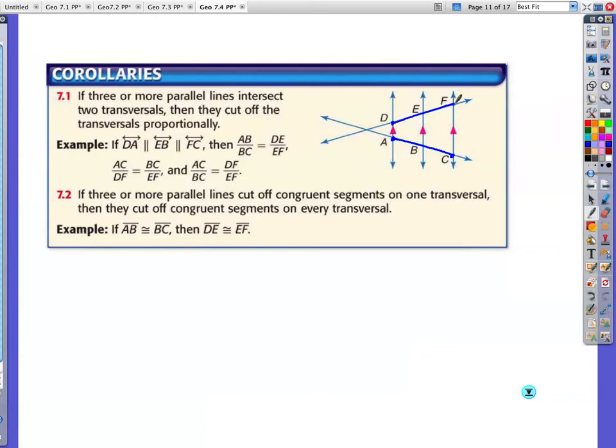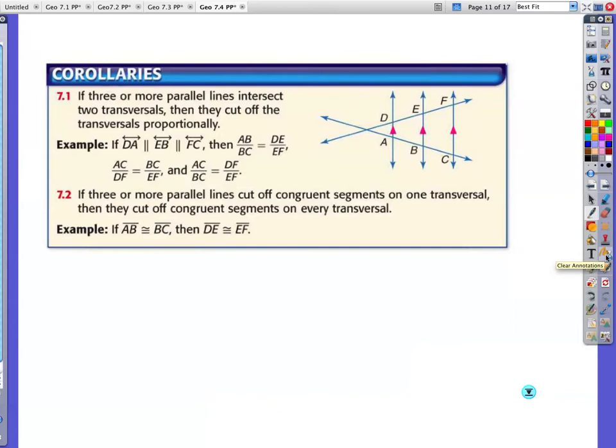And then BC is from here to here, and that is proportional to EF. That's one way, and let's do another one correctly here. So now AC, which is from here to here, is proportional to BC, just as DF would be proportional to EF. Whew. All right, let me clear that one out.